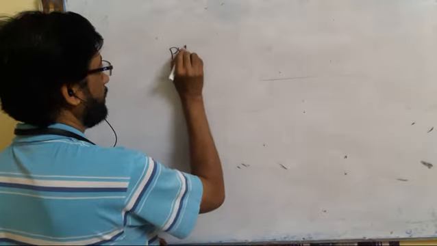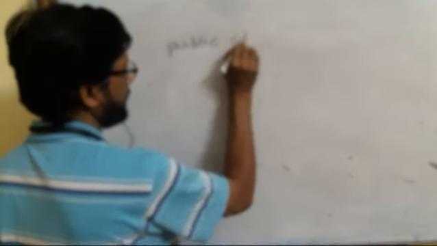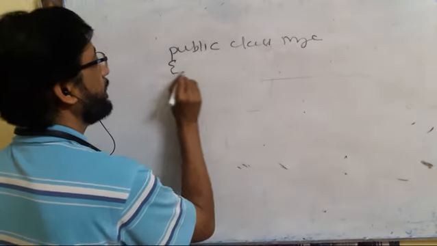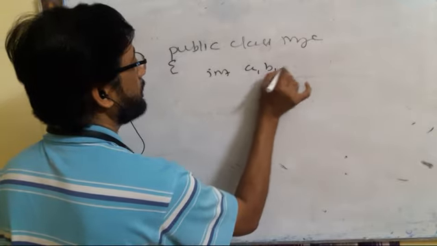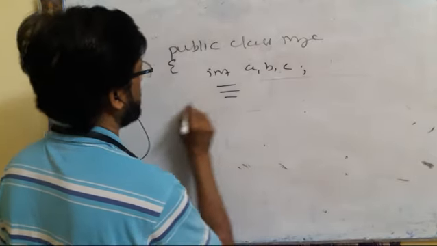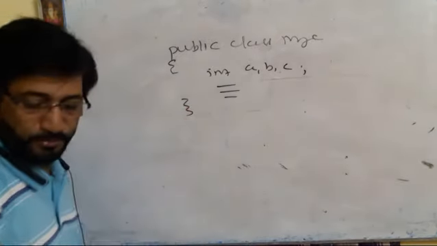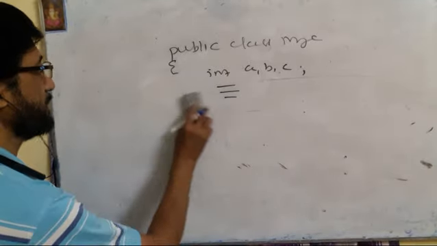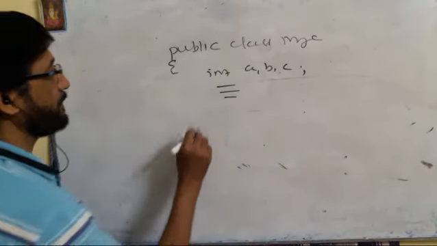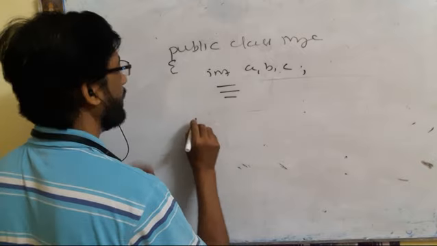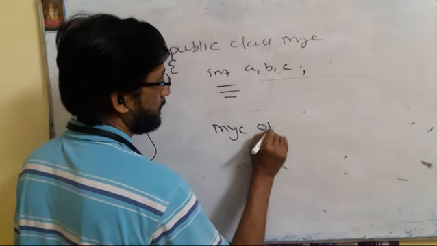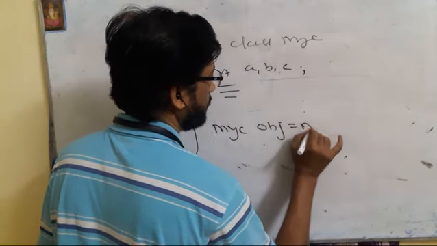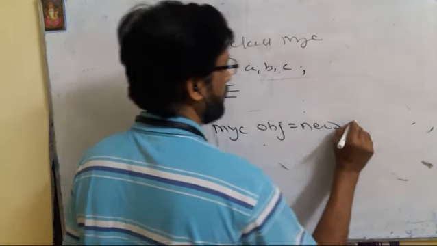Public class MyClass, and here there are three variables int a, b, c, and there are other methods. Now I am going to create an object of the class MyClass. MyClass obj is equal to new MyClass.